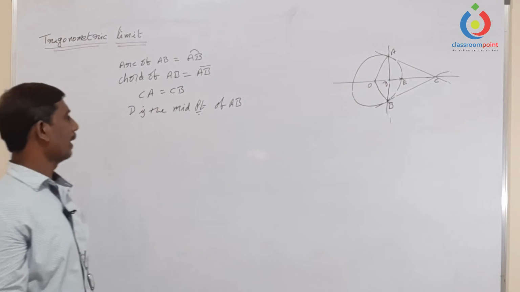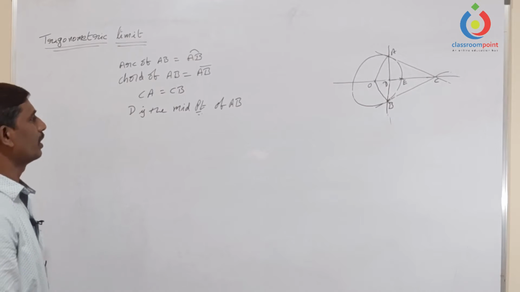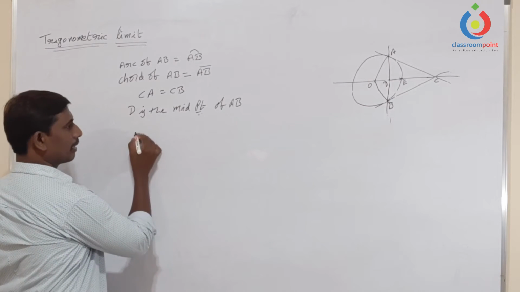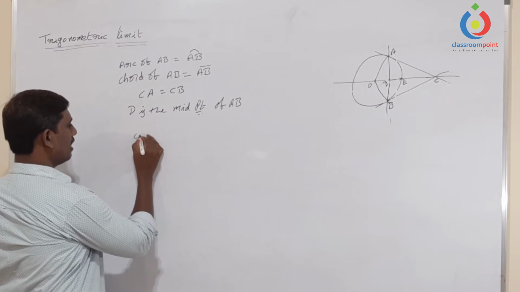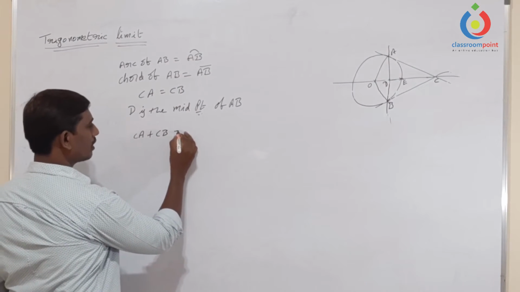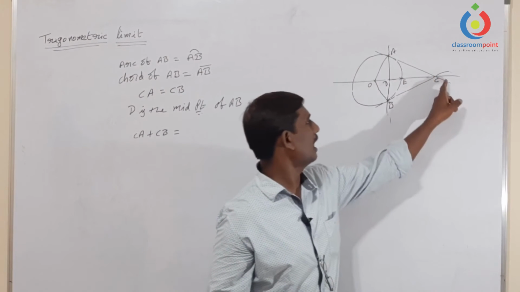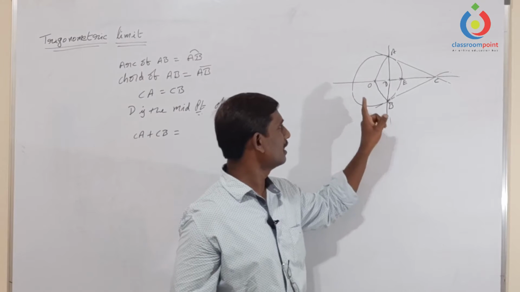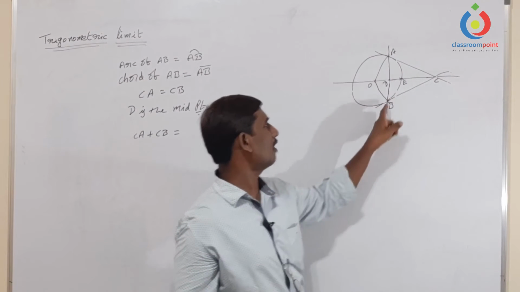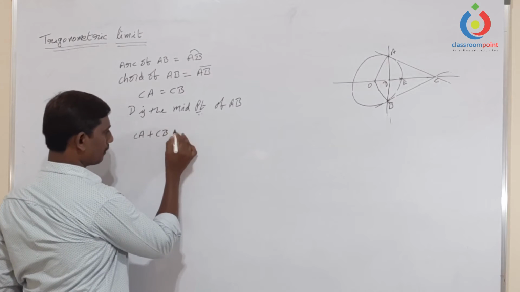Okay, next here we will take some conditions. We know some properties, that is CA plus CB is greater than the arc of AB.